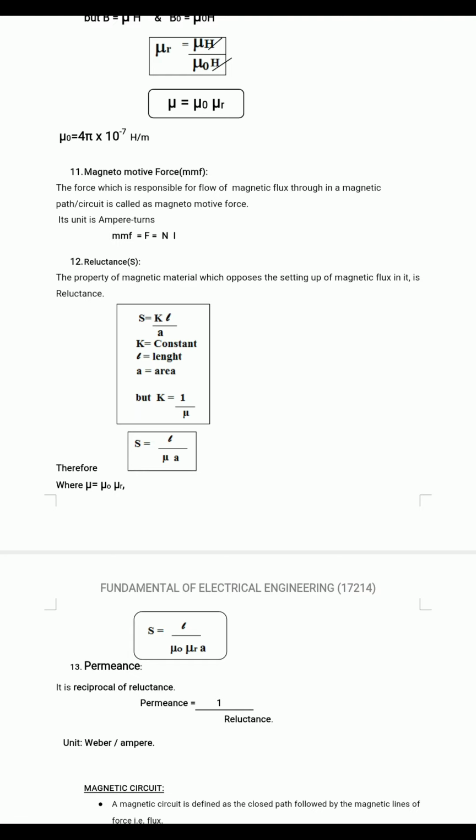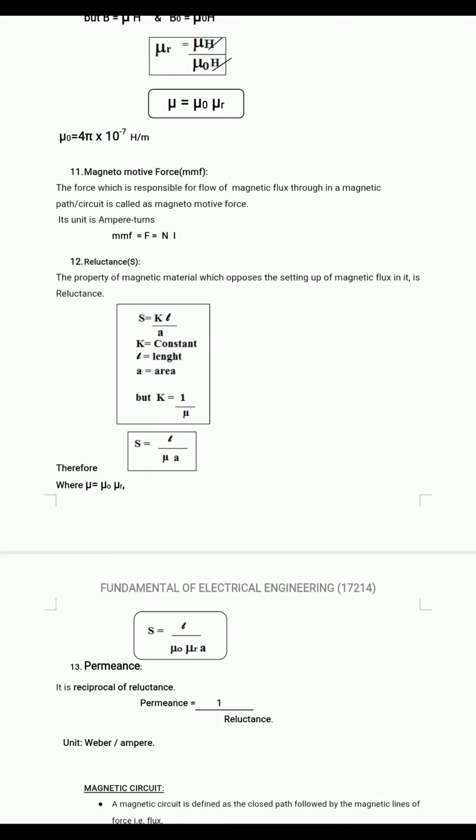This is the property of magnetic material which allows the magnetic fluxes to flow easily through it. So permeance is equal to 1 upon reluctance, and its unit is Weber per ampere.